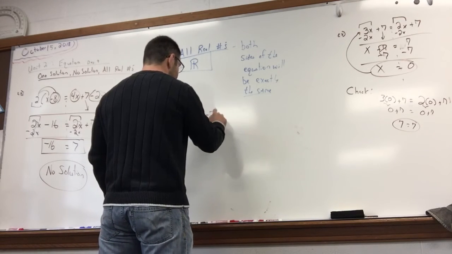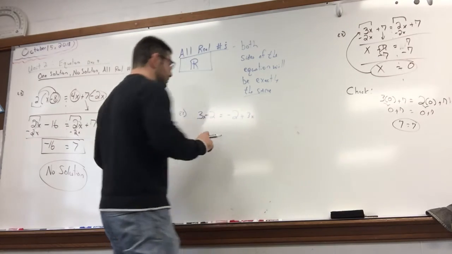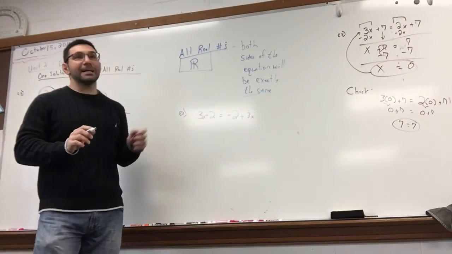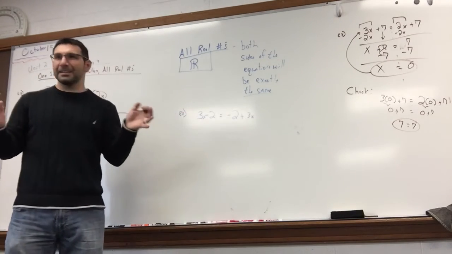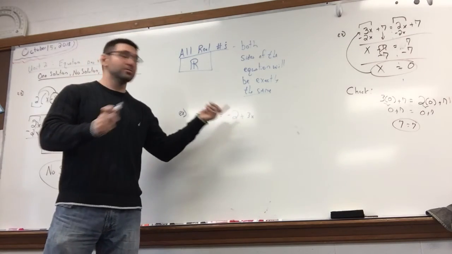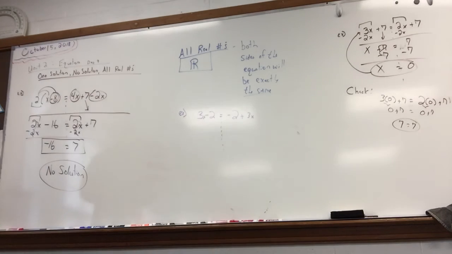3x minus 2 equals negative 2 plus 3x. I know, it's a little different. It says they'll be exactly the same. Are they exactly the same? Yes and no. I can switch these two, but rather than say it doesn't look the same, solve it. You can solve equations.